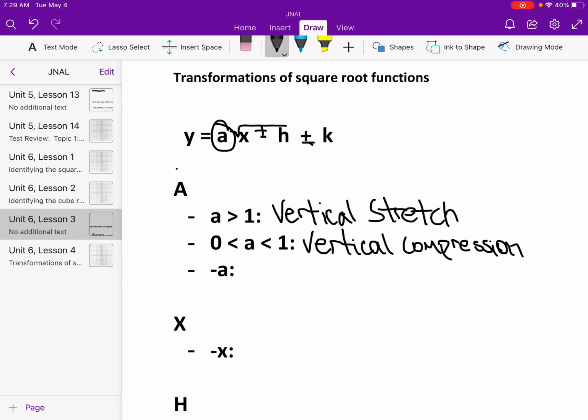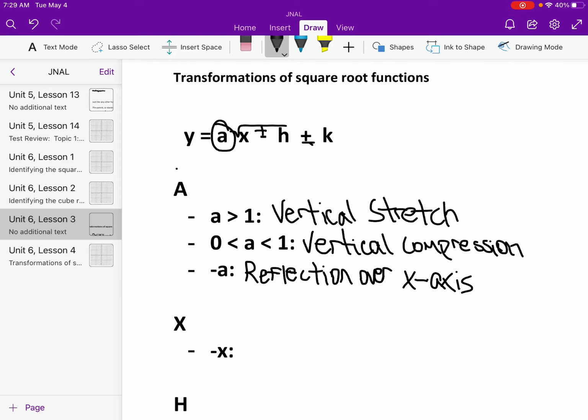And if a is negative, then you have a reflection over the x-axis. It matters which axis it is, because you'll see that there's one that can make it reflect over the y-axis too.